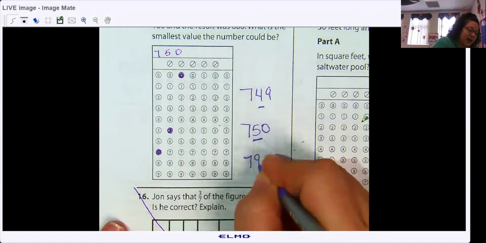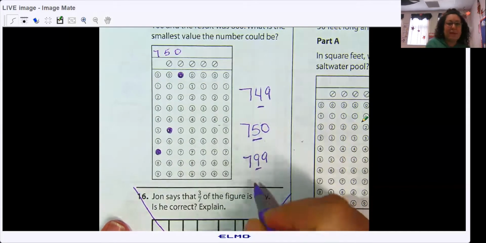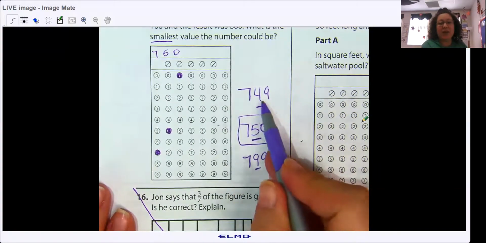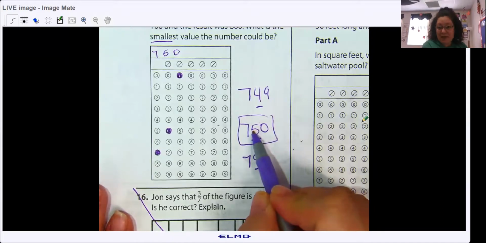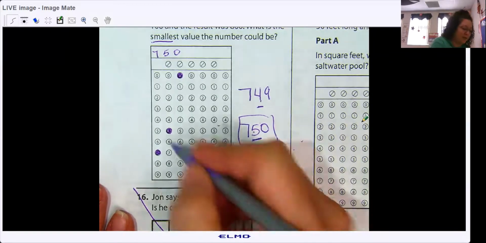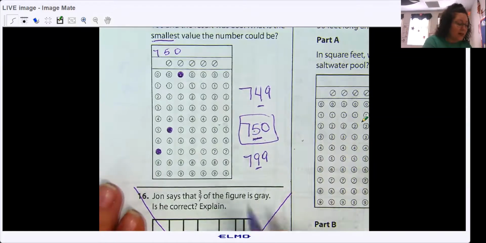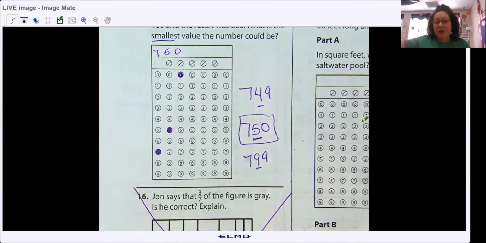I could say 799 would round up to 800, but the question is asking for the smallest one. 749 would go to 700, 750 would go to 800 because of that 5. And all the numbers all the way up to 799 would round up to 800.